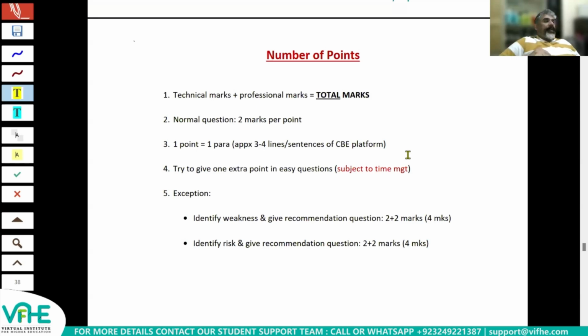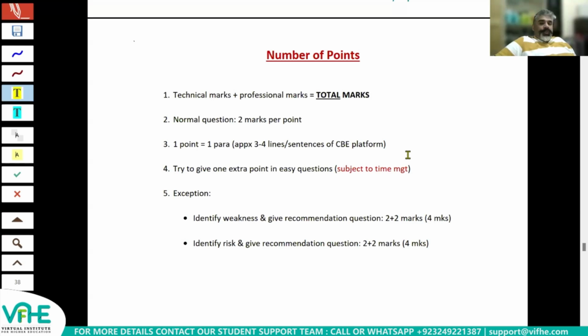5. If the question carries 20 marks, how many points? 10 points, 20 divided by 2. Now a difficult question. If the question carries 15 marks, 15 divided by 2 is 7.5, right?